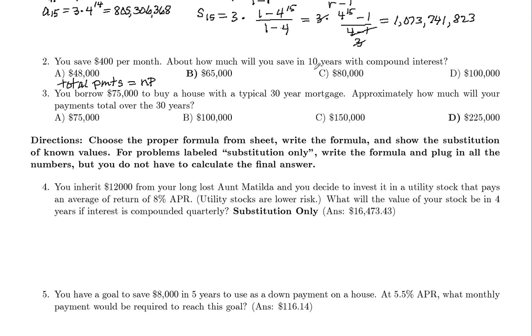And the number of payments is 10 years, so this is going to be n equals 10 times 12, which is 120. So you've got 120 payments times 400 a month. And if you do the calculator work there, you get 48,000. Okay, so this is $48,000.